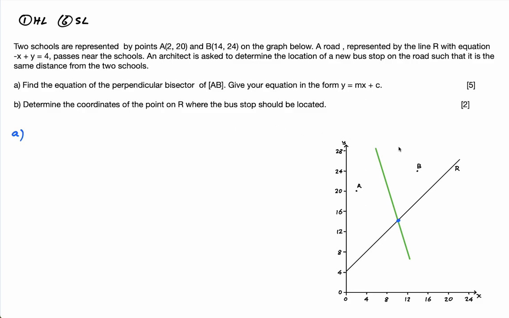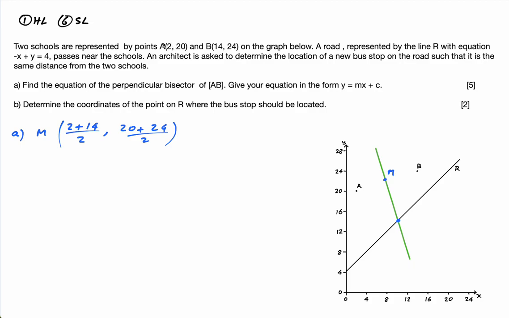Okay, so part A. To find the perpendicular bisector, we need the midpoint. Let's call it M, halfway between A and B. So we say (2 plus 14) over 2, comma (20 plus 24) over 2.